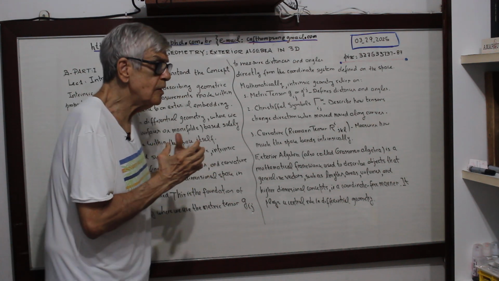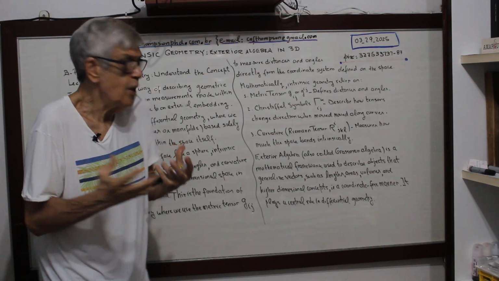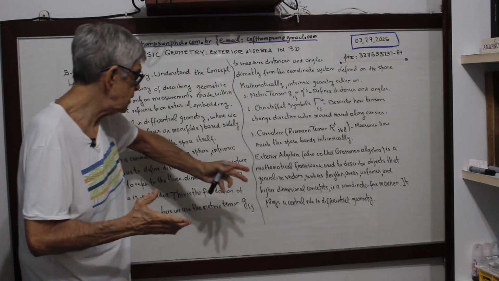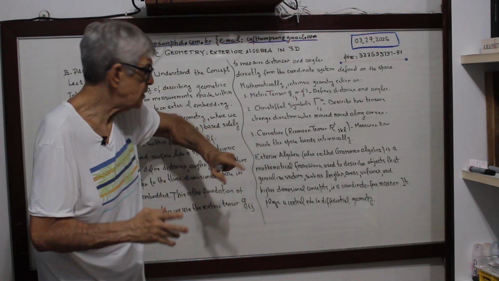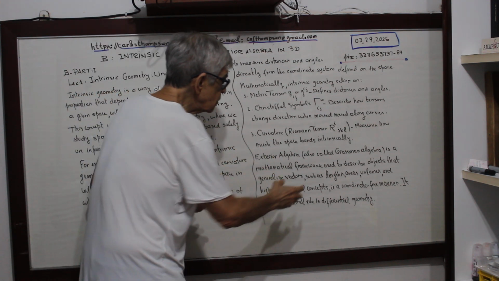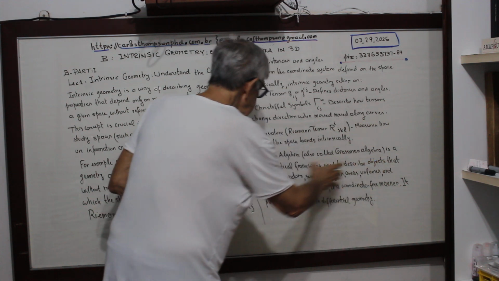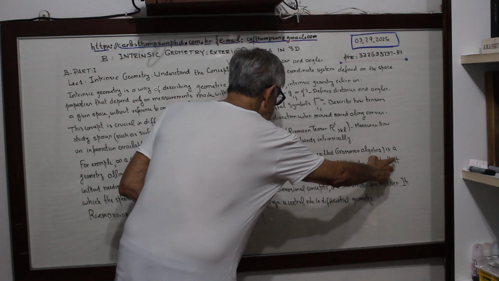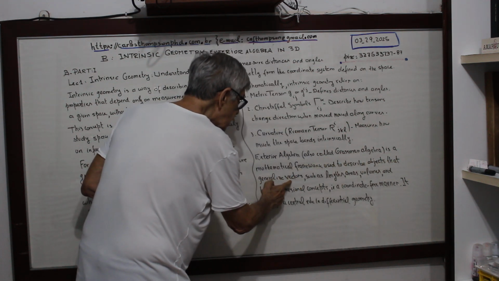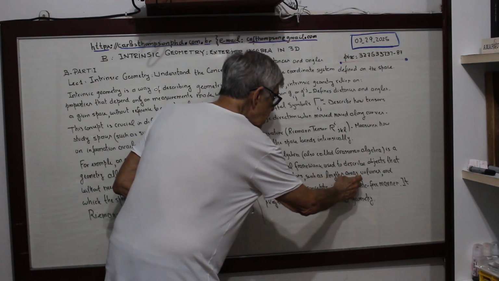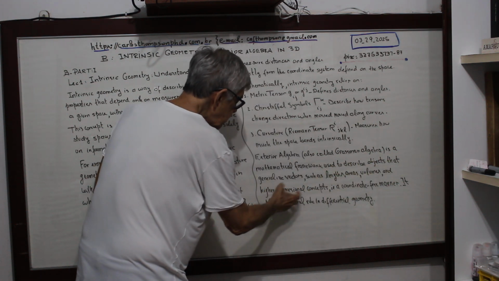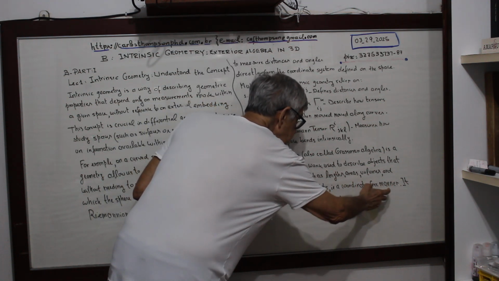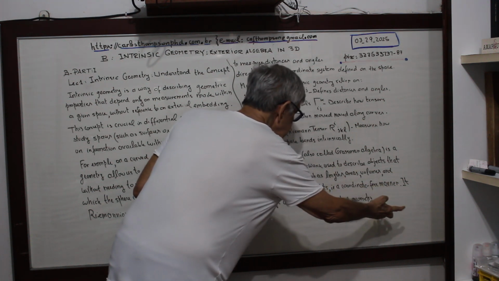What is the tool to analyze all these concepts? The tool is called exterior algebra. Exterior algebra, also called Grassmann algebra, is a mathematical framework used to describe objects that generalize vectors, such as length, areas, volume, and higher-dimensional concepts, in a coordinate-free manner.